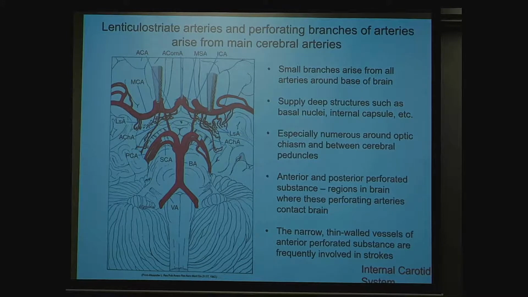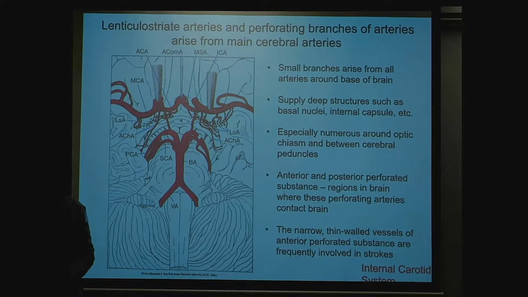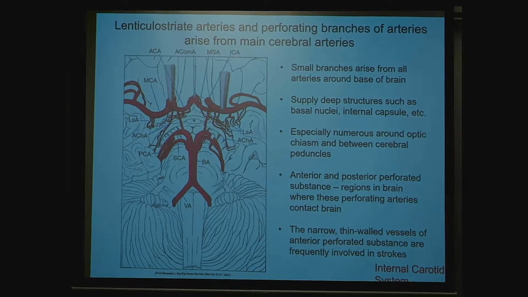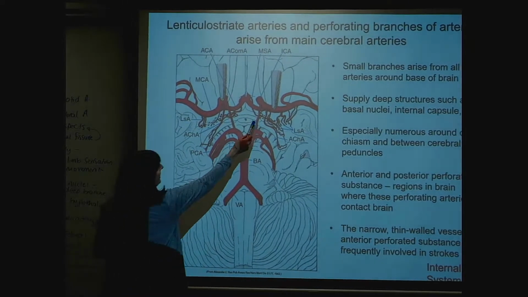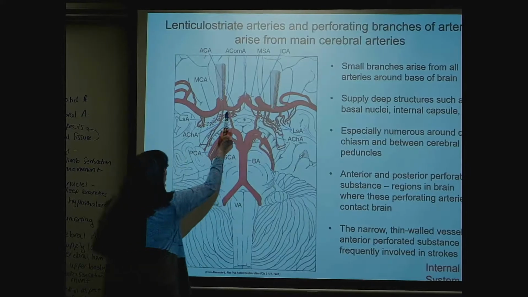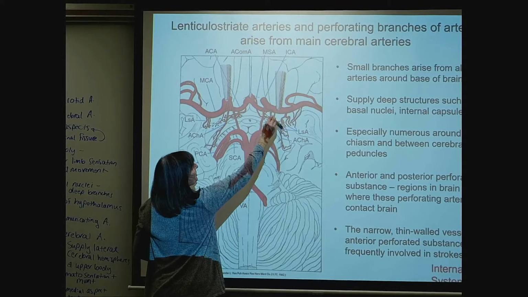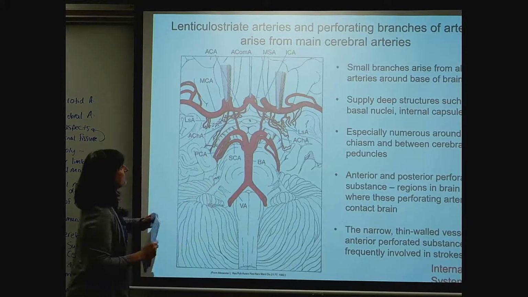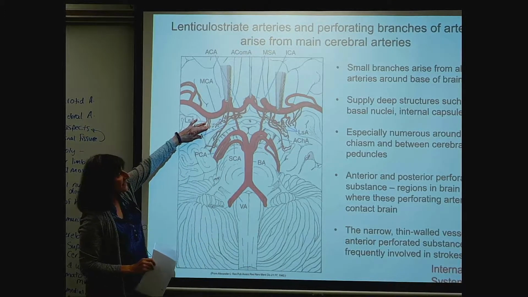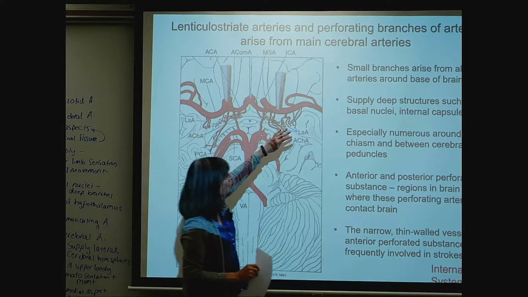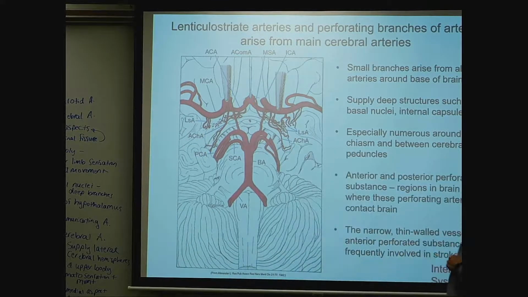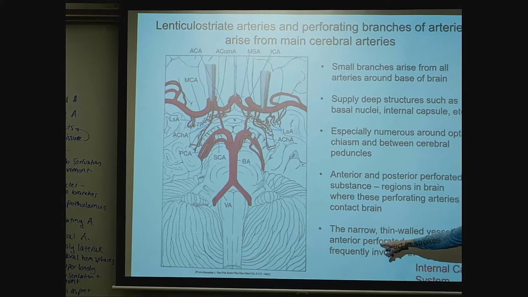So this slide is a summary of those lenticulostriate arteries again, as well as other what are called perforating or ganglionic arteries. Those are arteries that are going to be going deep. These are the small branches that arise from multiple arteries around the brain, and they dive deep into the structure. On some brains, you can actually see the perforated substance.